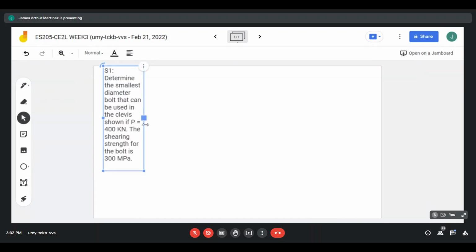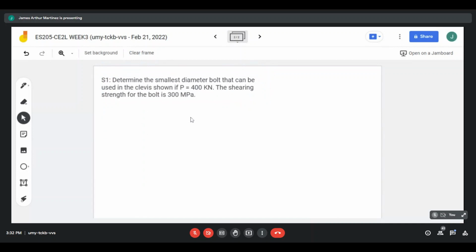So for sample problem number 1, determine the smallest diameter of a bolt that can be used in the clevis shown if P is equal to 400 kilonewton and the shearing strength for the bolt is 300 MPa.